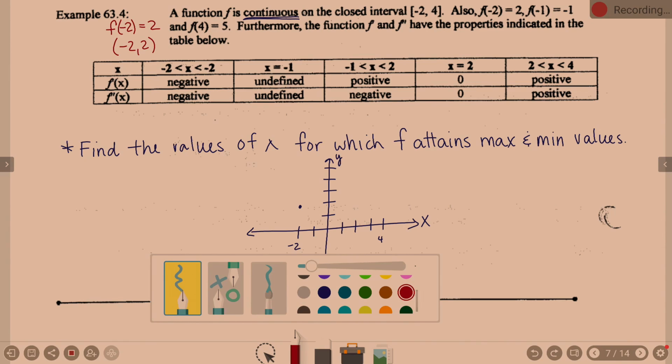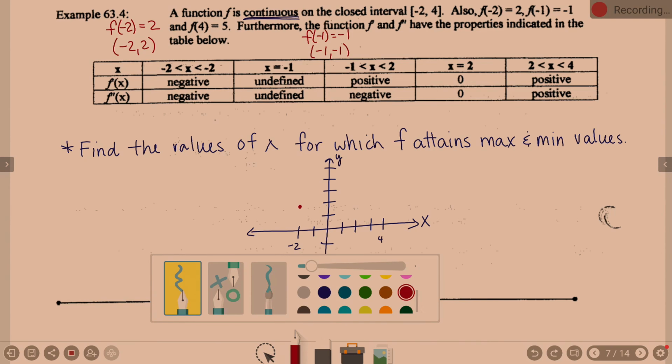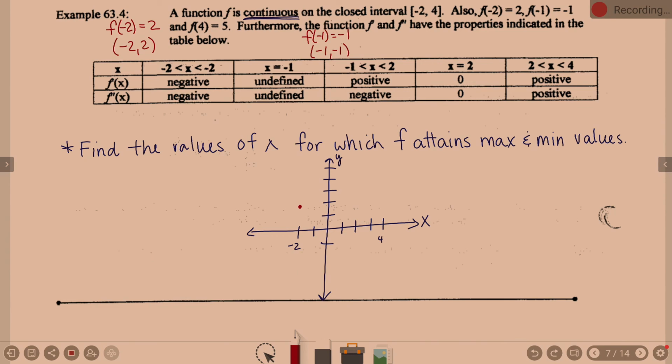I can. They also continue to tell me f of -1 is equal to -1. So that is the ordered pair (-1, -1). So I can graph that point, correct? We're going to play connect the dots. And then they told me f of 4 is equal to 5. If f of 4 is 5, that is the ordered pair (4, 5).